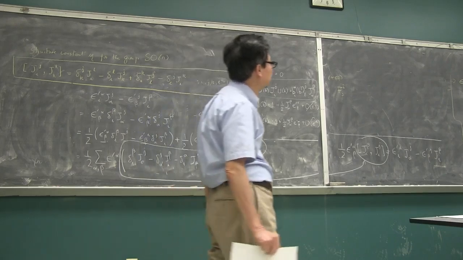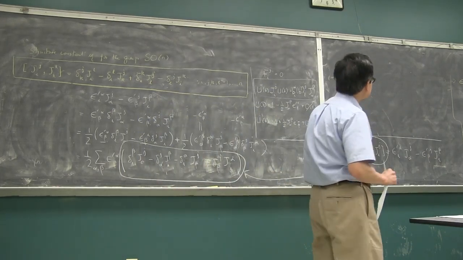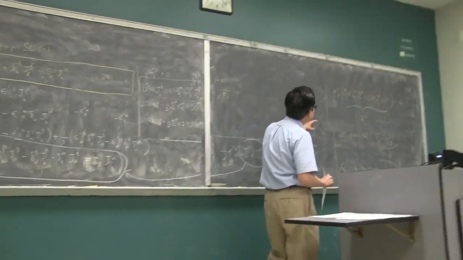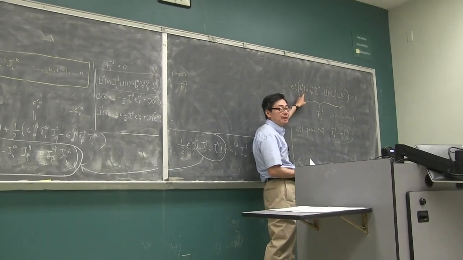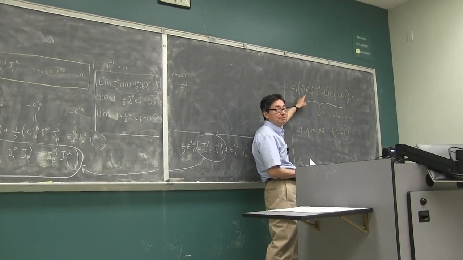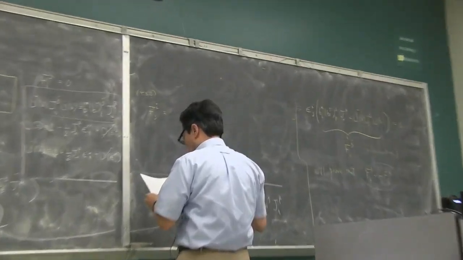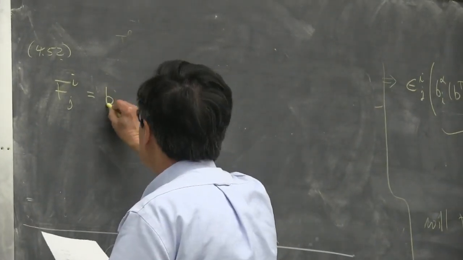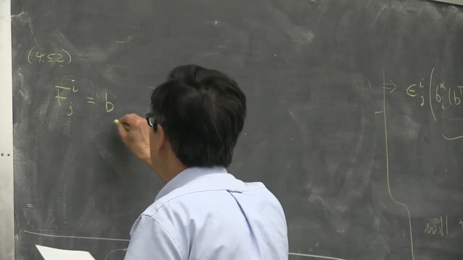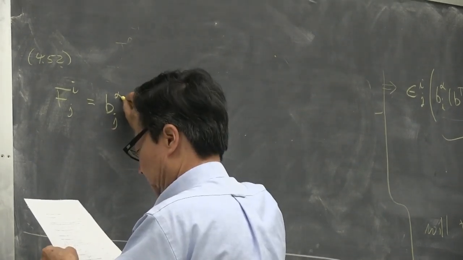Okay. Now Fij was defined like this. So in order to write Fji, I just have to replace i by j and j by i in this definition, right? So let's write that down. According to that definition, that must then be equal to B instead of i alpha, I have j alpha.